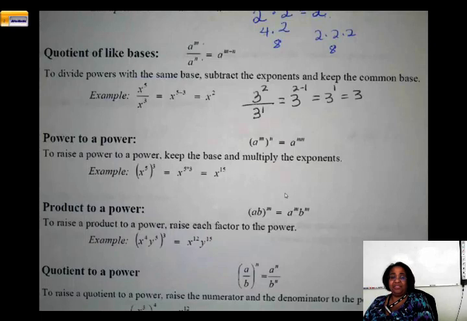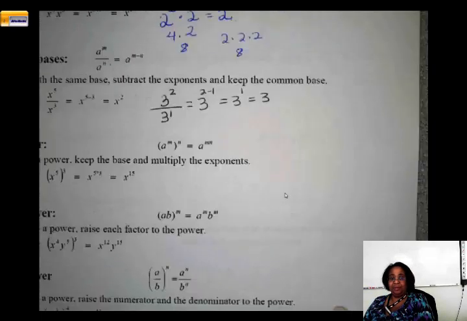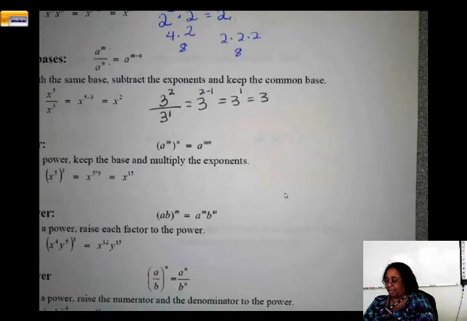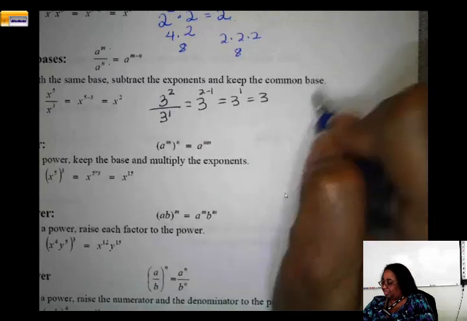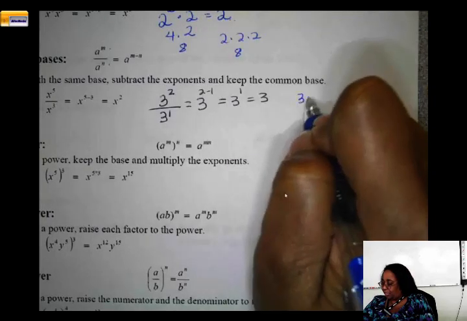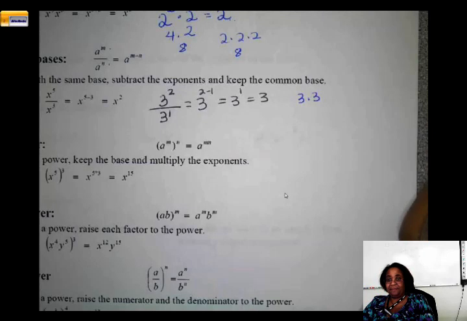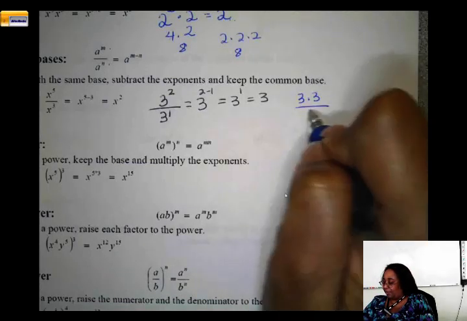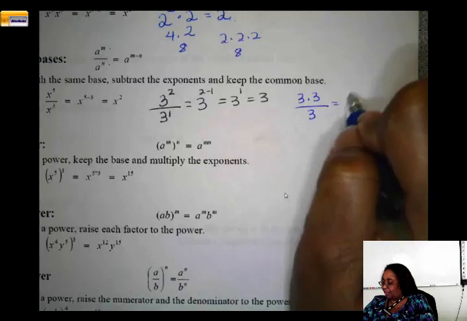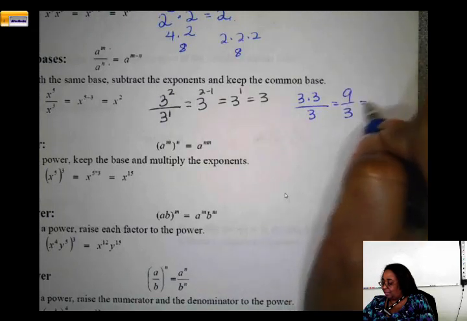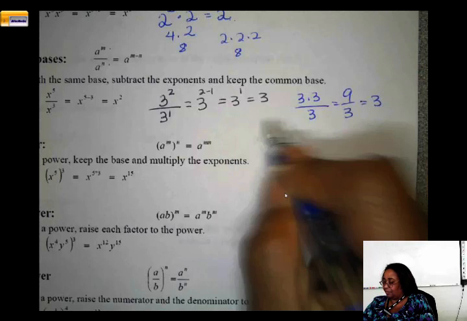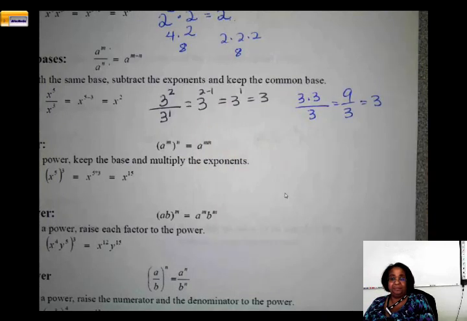Now let's see if that's true. We'll come over here and actually test it out. What is 3 to the second power? That means 3 times 3, 9, right? And what is 3 to the first power? 3. So I can write this as 9 over 3 is equal to 3. Is it not? Those two are the same. So this would be true.